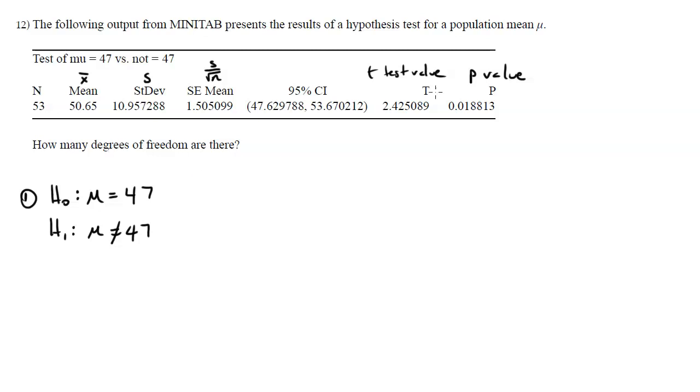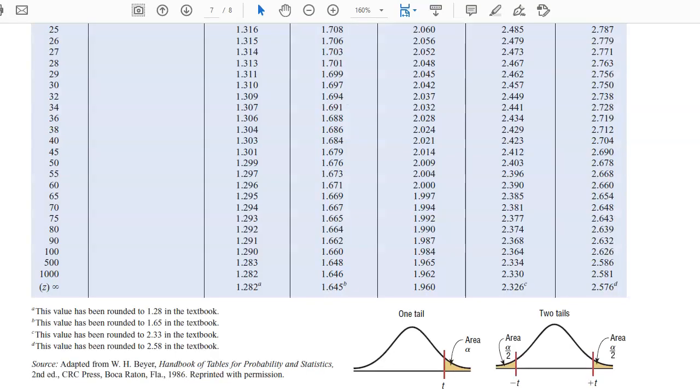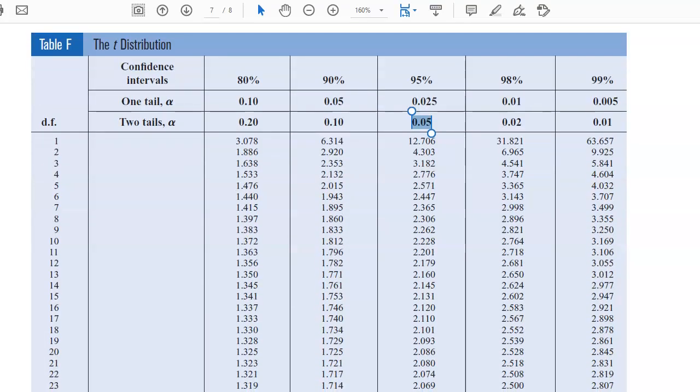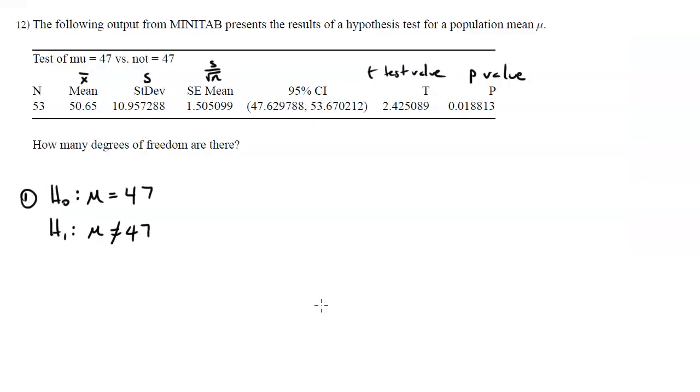So this question is asking, because it's a t-distribution, a t-test value, we have degrees of freedom. When we're looking at this t-distribution table and we're finding t-values, we need degrees of freedom in order to find those critical values.